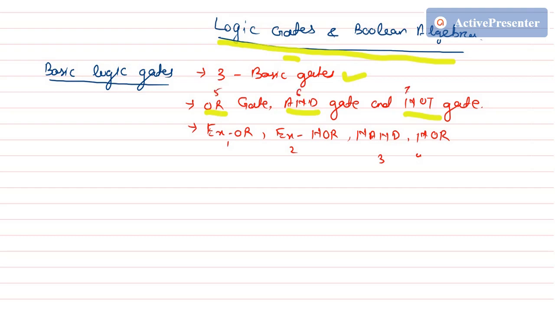From those, the NAND gate and NOR gate are also called universal gates. We'll discuss why they are called universal gates, and there is a reason behind it, and how we can realize these logic gates, what the truth table for each is, and how to implement them as Boolean expressions. We'll be going through those details.